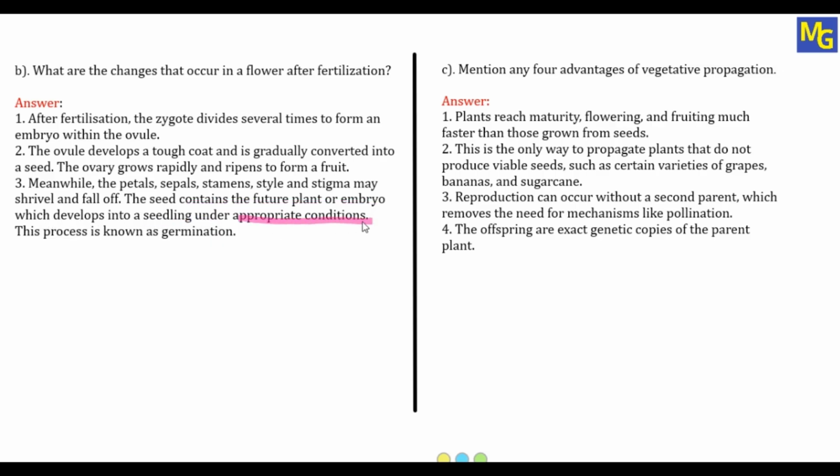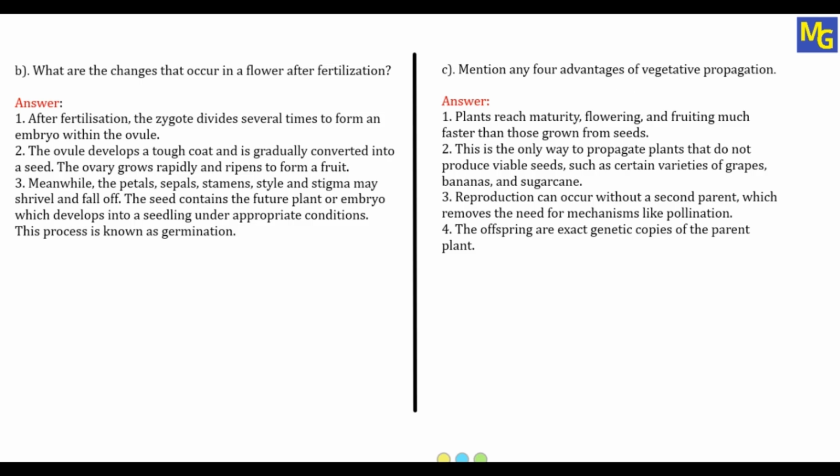So if this seed which is formed is sown again in soil, and if you put water and give proper conditions, it will start growing once again to give a new individual, a new plant, and this process is called germination. So this is the answer for this question. Always remember, try to write the answers in points, it will be easy for the teacher to read and give the marks. Now the next question: mention any four advantages of vegetative propagation.